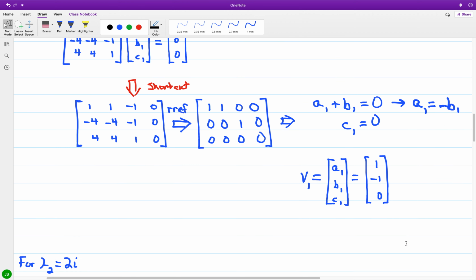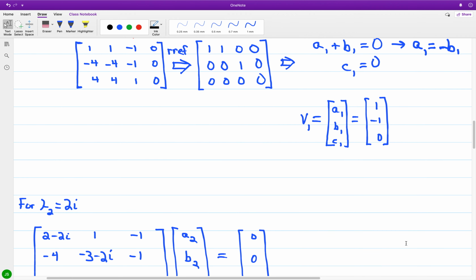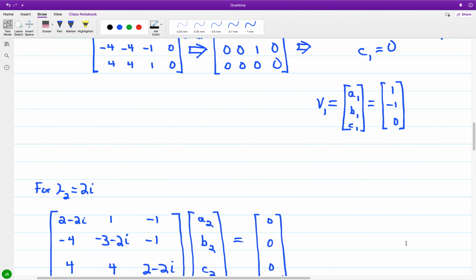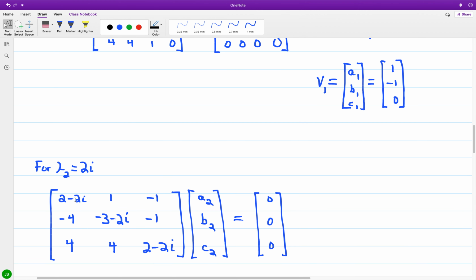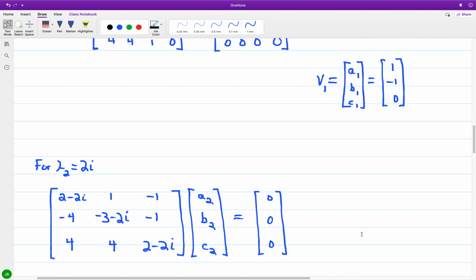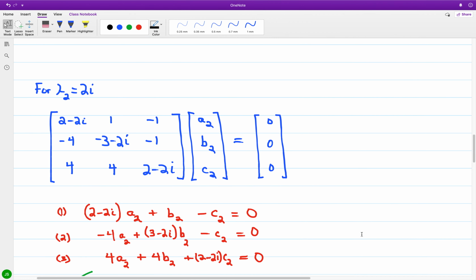Now, in the crossover to working with the second eigenvalue and designating 2i, you have this setup here, and now we won't have the luxury of working with the shortcut and a typical calculator since we're dealing with complex numbers. And setting up equations, you have 2 minus 2i mapped with a of 2, 1 with b of 2, negative 1 with c of 2.